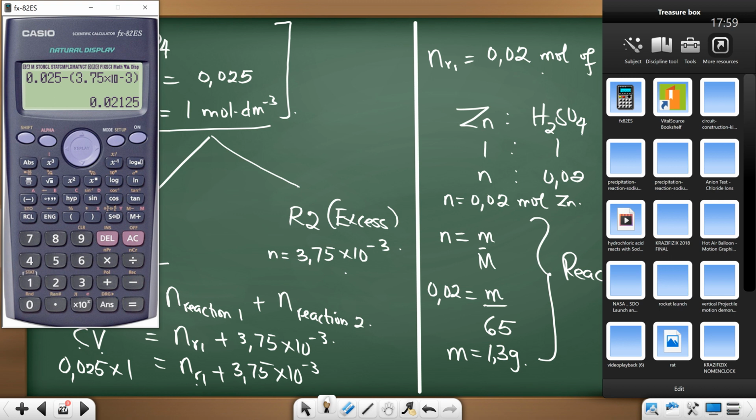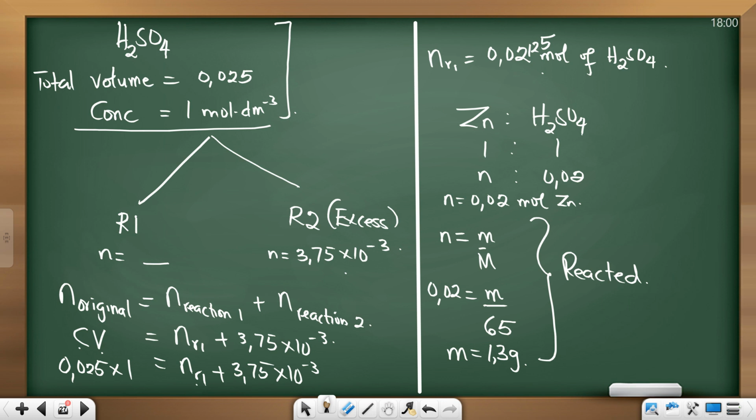You would see that this little change, check where our answer would go to. It's 0.02125. Please and please. What is this answer going to be? Do you see how it changed?